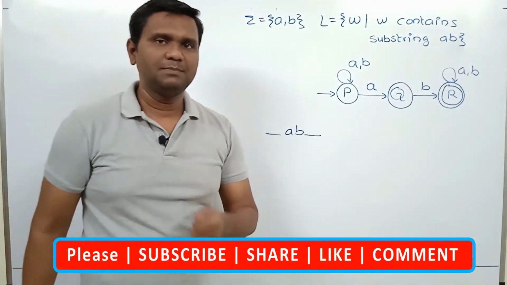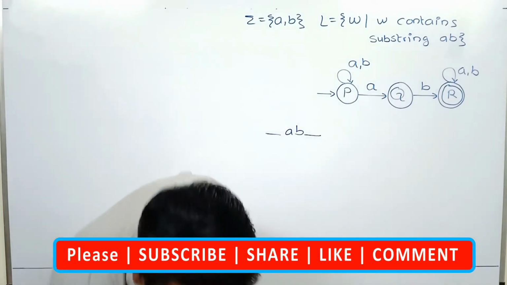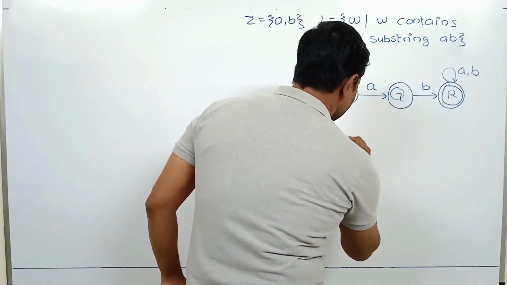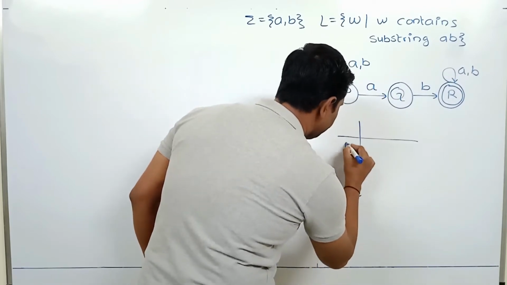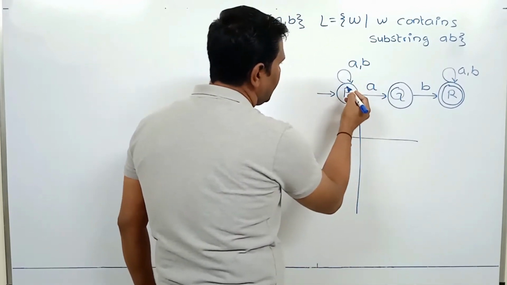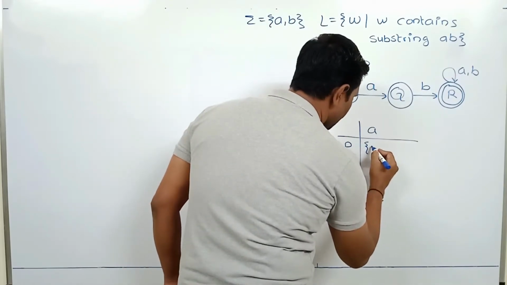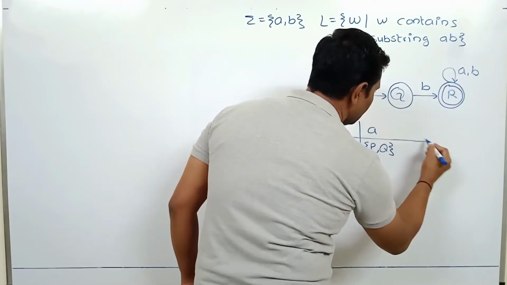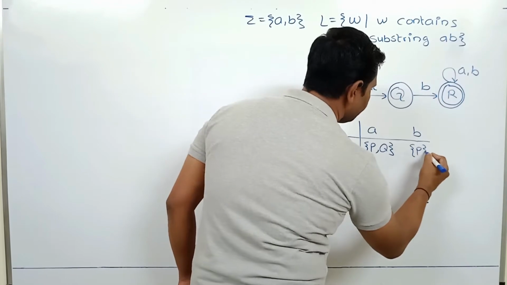Now the first step in NFA to DFA is to consider the transition table of NFA. Initial state is P. P on A goes to P or Q. P on B goes to P only.